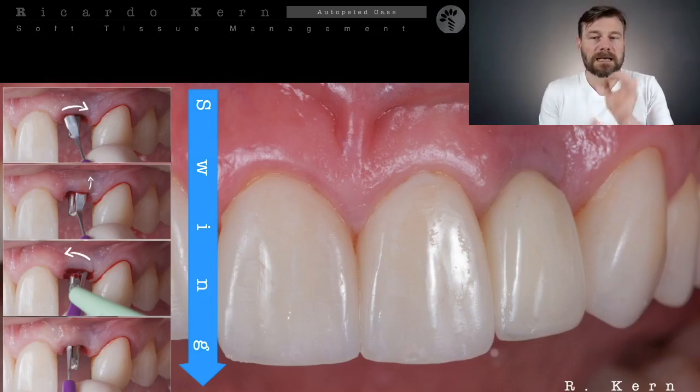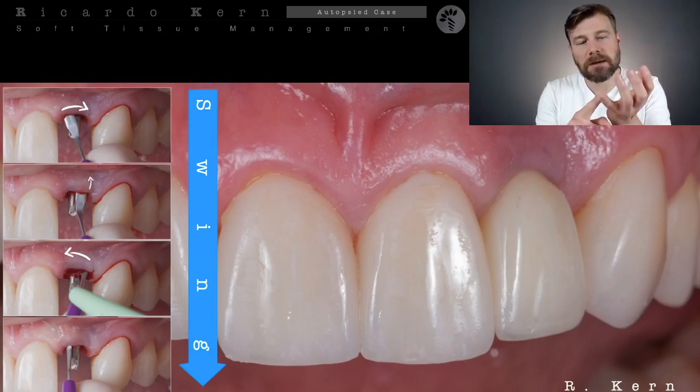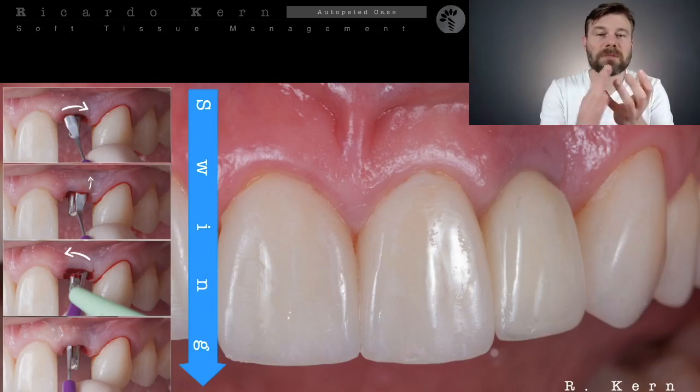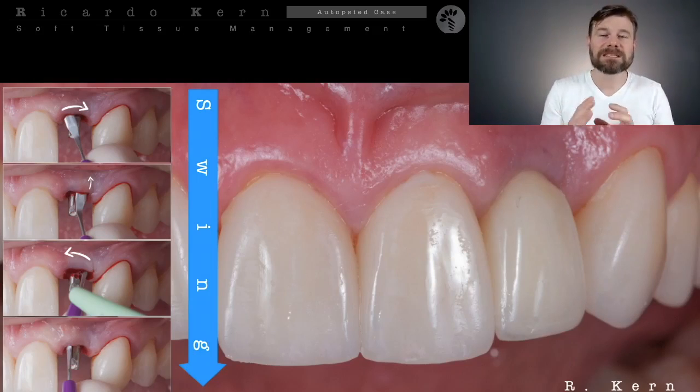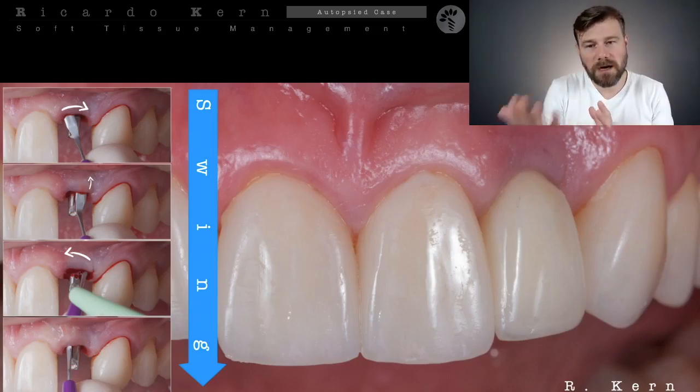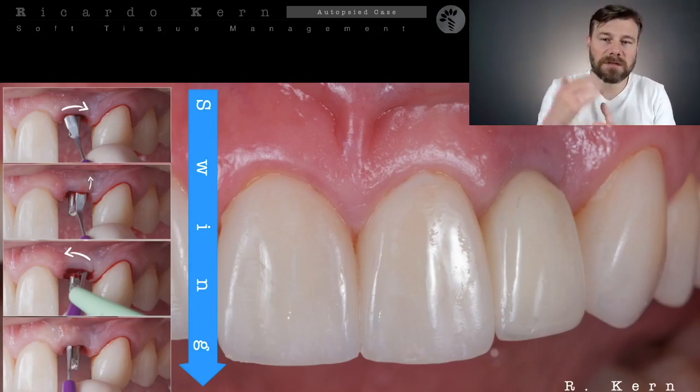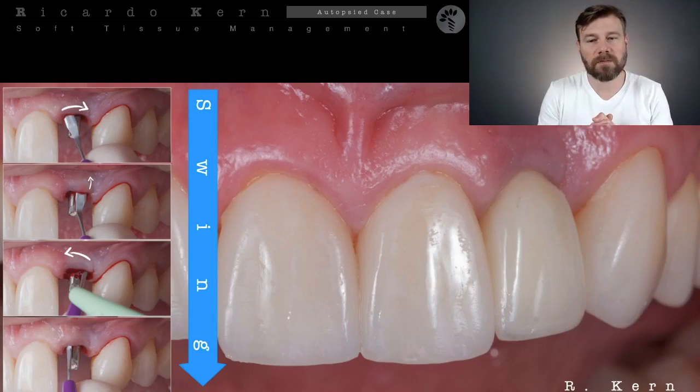Why is that? Because it's very difficult for us to do a full thickness flap in an area like this one, trying to contour through this abutment, because the abutment is completely irregular, and do this full thickness flap on the threads that maybe are exposed on the buccal side of this implant.